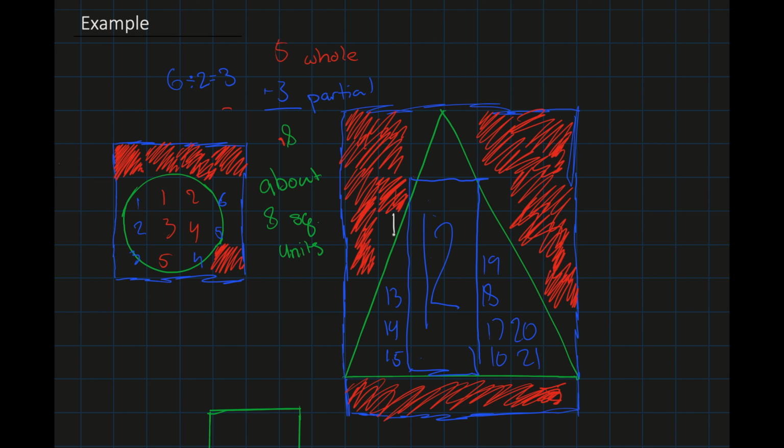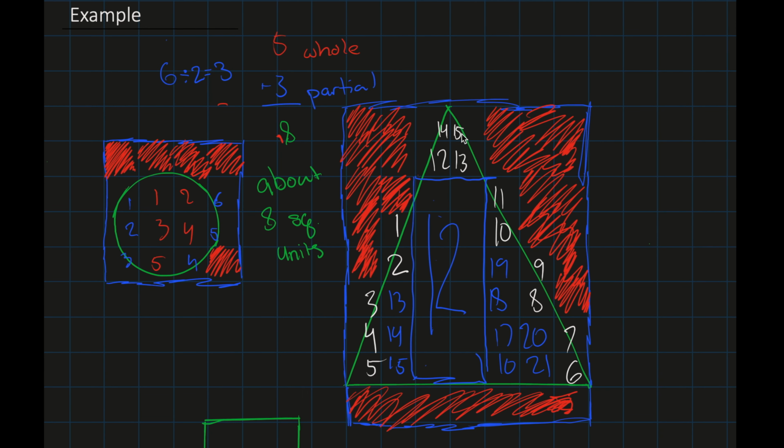And yes, we have 1, 2, 3, 4, 5, 6, 7, 8, 9, 10, 11, 12, 13, 14, 15. So we have 15 partials.